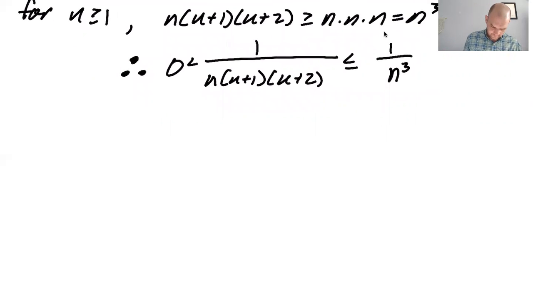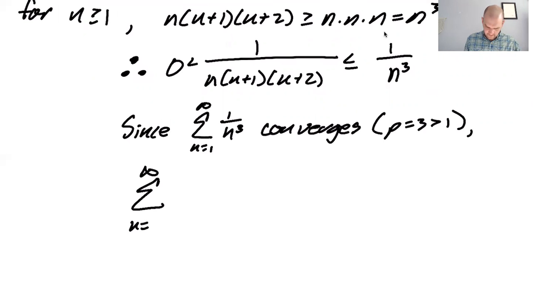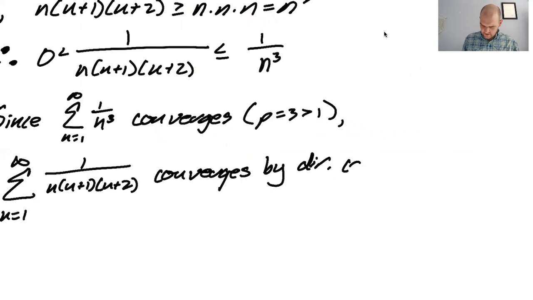So let's say, since the sum from 1 to infinity of 1 over n cubed converges, p is equal to 3, which is greater than 1, we know that the other series, 1 over n times n plus 1 times n plus 2, converges by direct comparison. And that's all it takes.